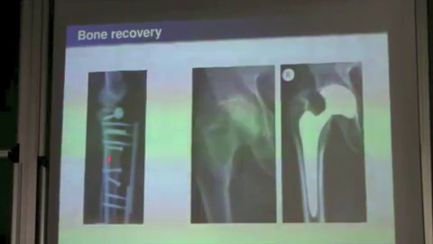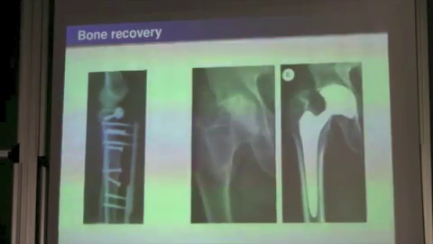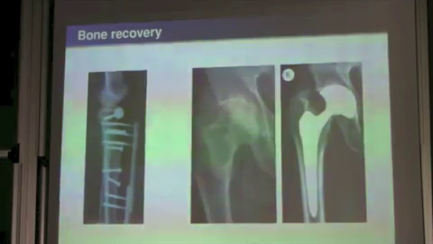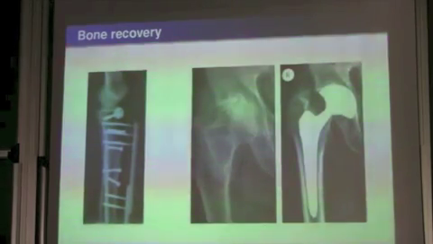Even in such difficult cases like that one, where the bone was broken into 21 pieces, after several months it recovered completely, except for one detail.